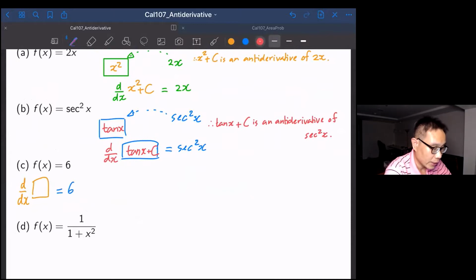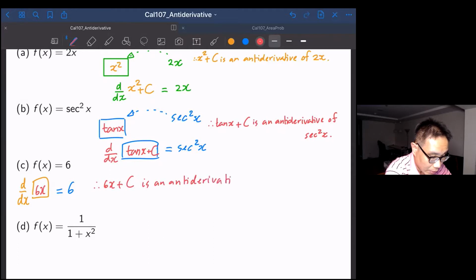And you're going to answer 6x. Okay, so you differentiate 6x, you're going to get 6. So you get 6x plus c is an antiderivative of 6.